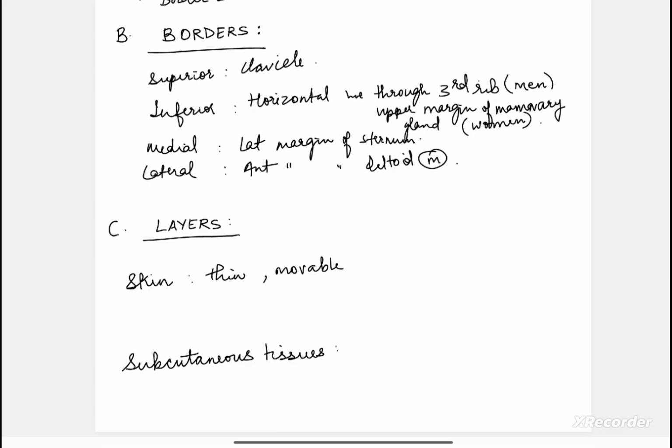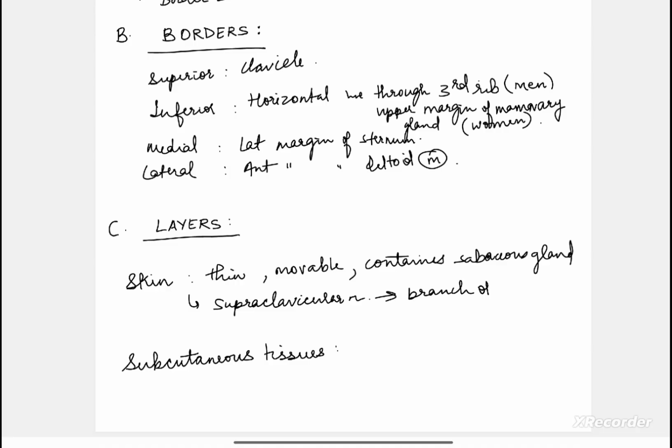It contains sebaceous glands, and it is innervated by the supraclavicular nerve, which is a branch of the cervical plexus.